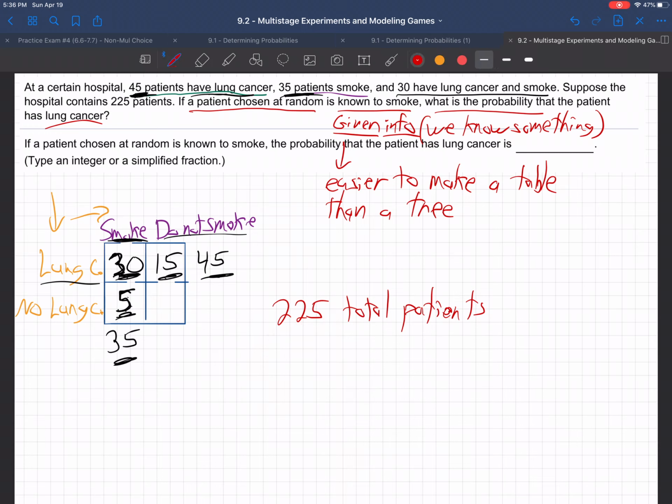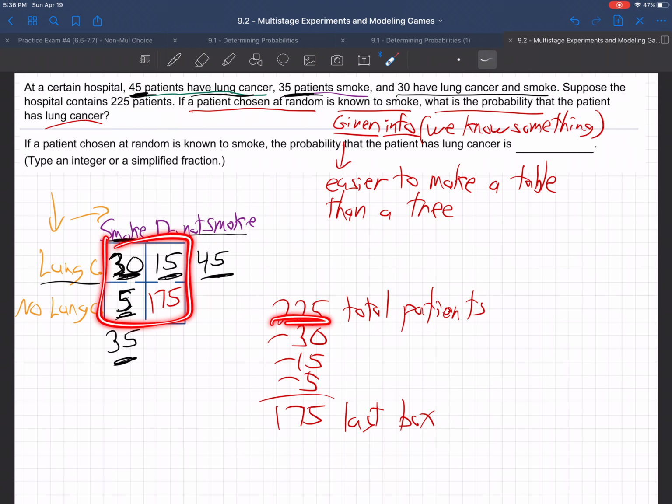So if I take 225 and subtract 30, subtract 15, and subtract 5, the three numbers that we have in the boxes, what does that leave us? 175 in the last box. That means this box has to be 175. Now the whole box adds up to 225.